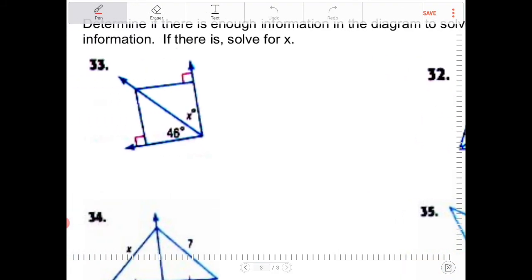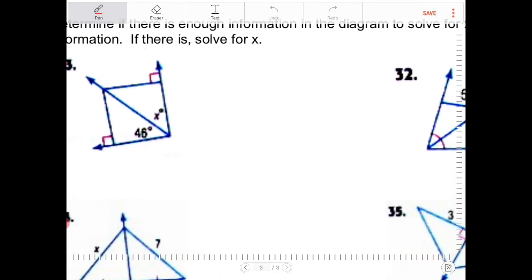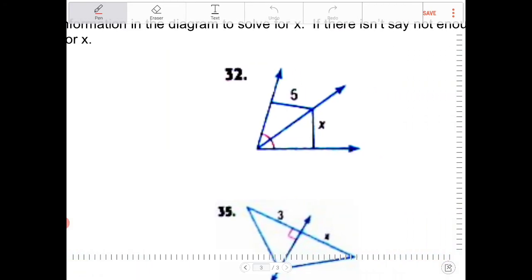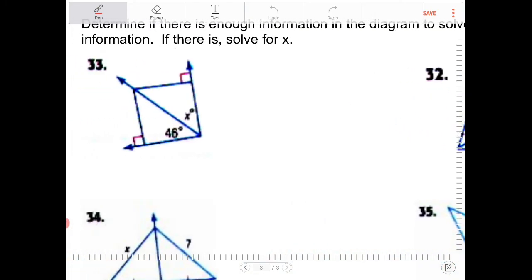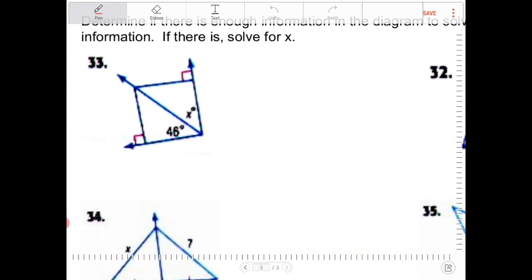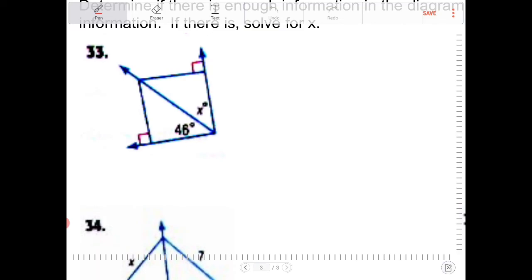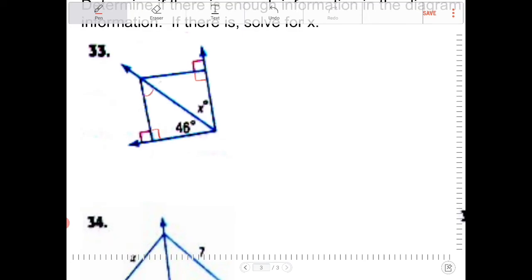All right. Next, it says determine if there is enough information in the diagram to solve for x. If there isn't, say not enough information. If there is, solve for it. Okay, so in this case, is there enough information for us to be able to solve for x? This is also going to be 90. This is going to be 90. It does not specify whether or not this angle over here is the same as that angle.